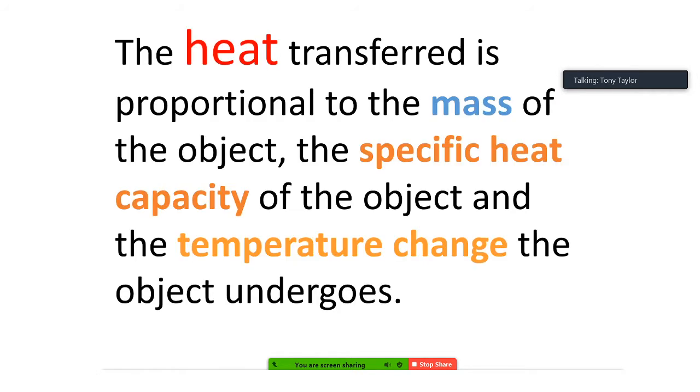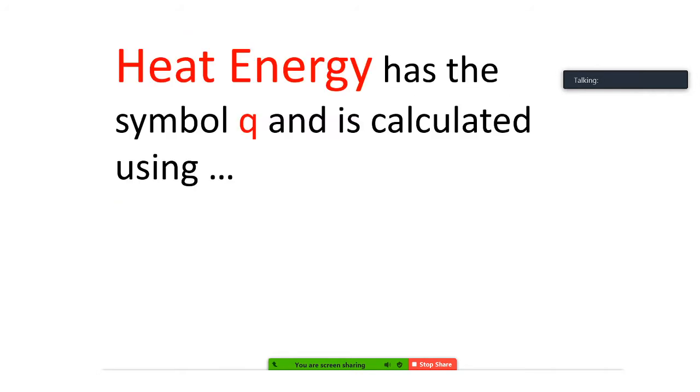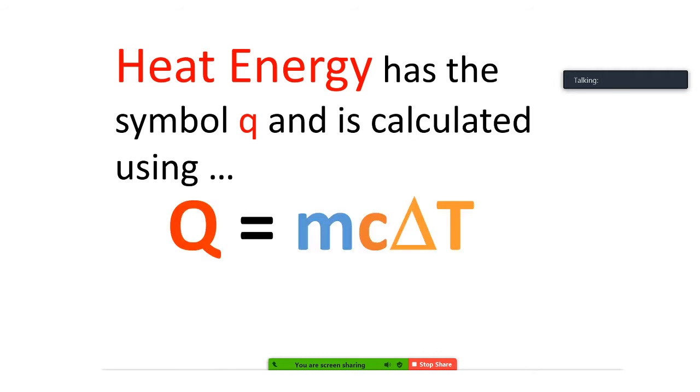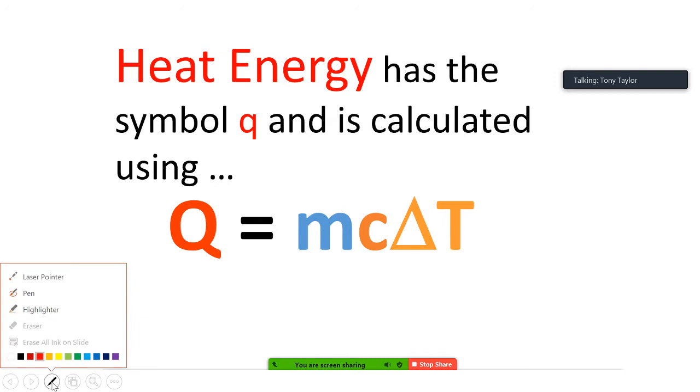What I want to talk about today is the specific heat equation. This equation right here, I would write it down, because it's the equation that we're going to use today: Q equals M times C times delta T. So if I were you, I would write this equation down.